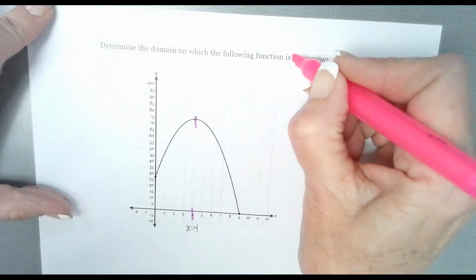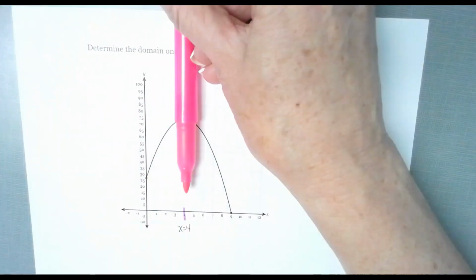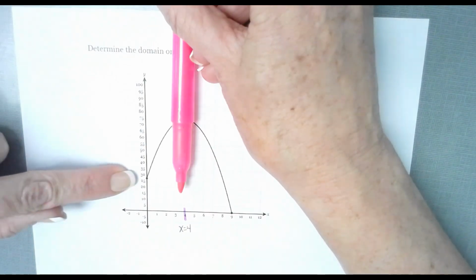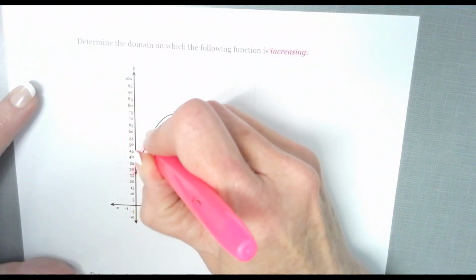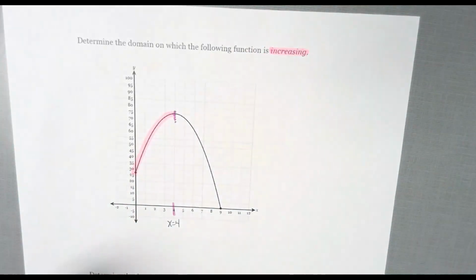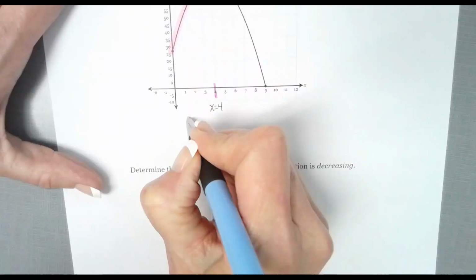Okay, now, I need to read my word up there. I am looking for where it is increasing. On the left, because again, I always drive my car from the left, and now I'm going to go uphill. So increasing is right here. Okay? Well, y'all, we've got a start and a stop.